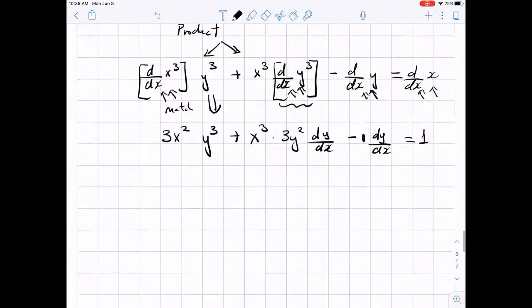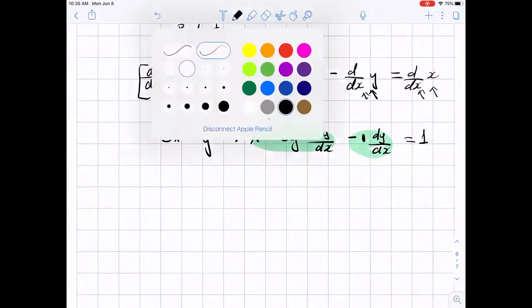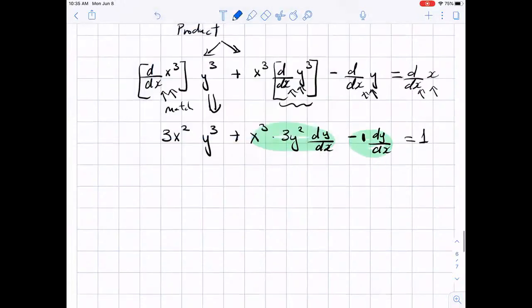So that's the differentiation. Now we collect all the dy/dx. Notice we only have 2 terms with dy/dx, this one here and this one here. So this will go to the other side. So x cubed 3y squared dy/dx minus dy/dx, we don't need to write the 1, is equal to 1.